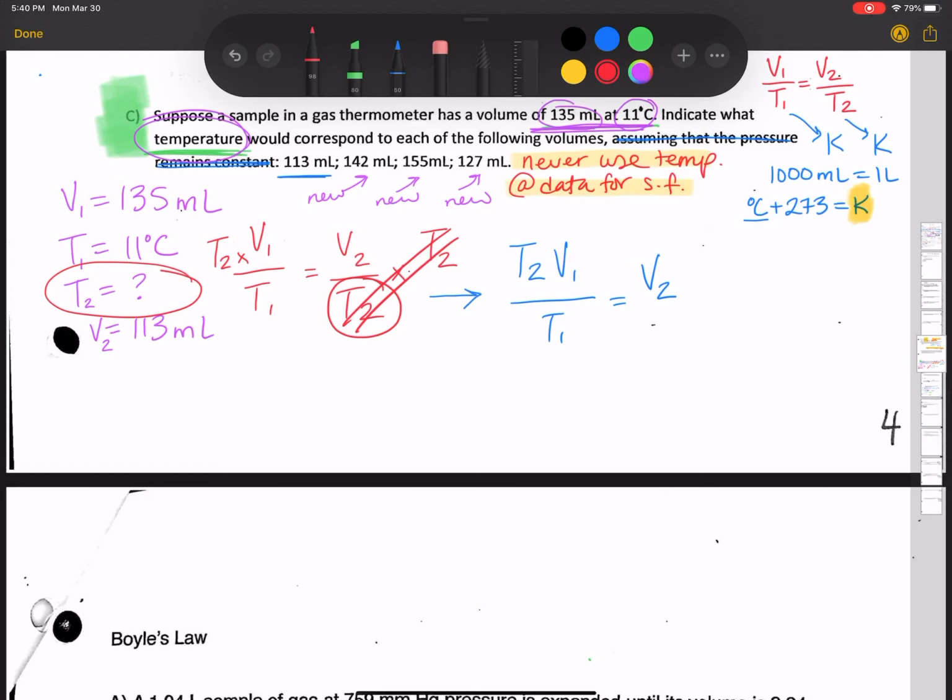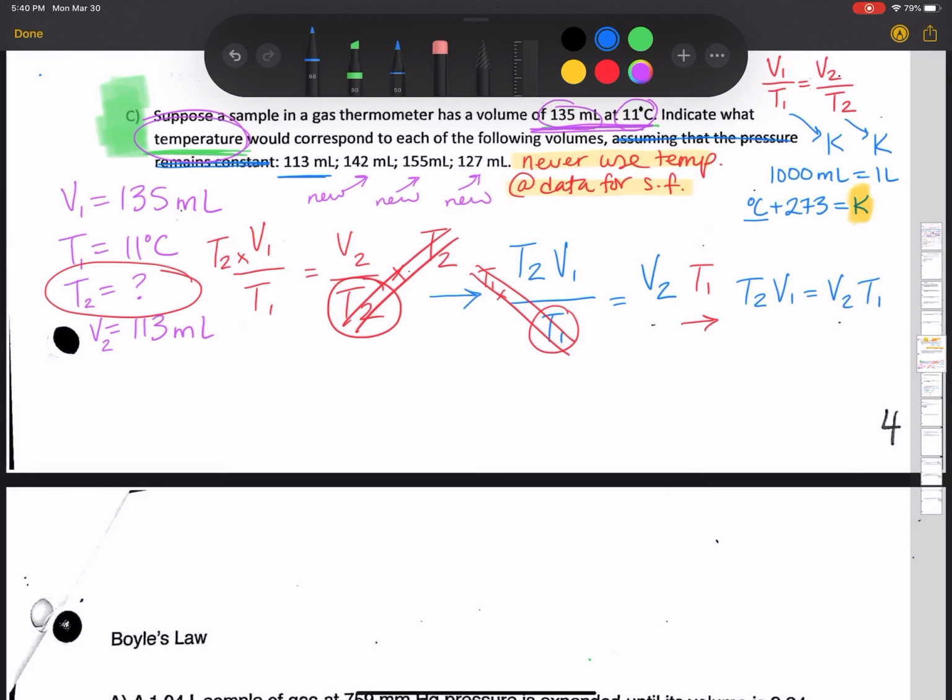I have to do this one at a time. So I'm going to multiply by T1 on both sides so that I can get T1 out of the denominator. So there goes T1 and it's hanging out next to V2. So now I'm left with T2 times V1 equals V2 times T1.